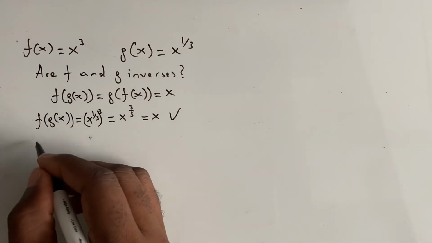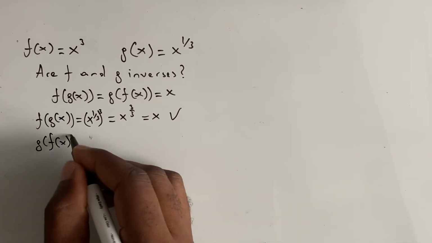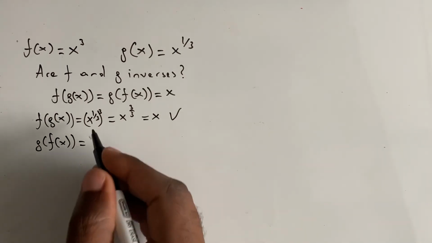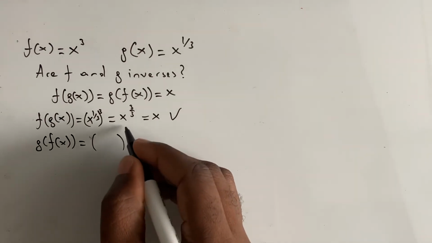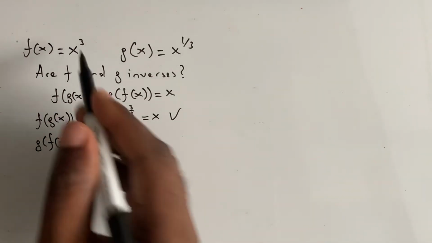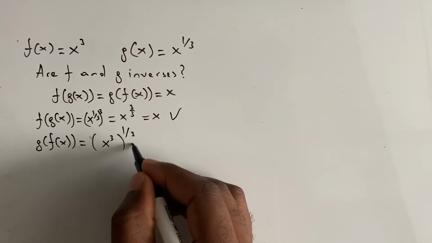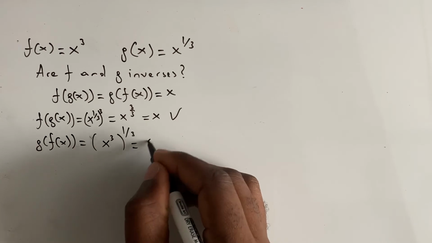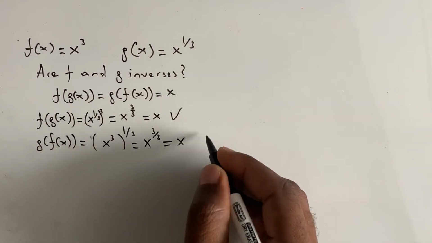Let's check the other one. How about g of f of x? Well, for g of f of x, you go to g and replace x by f, and f is x cubed. Same way, this will be x to the 3/3, which is x.